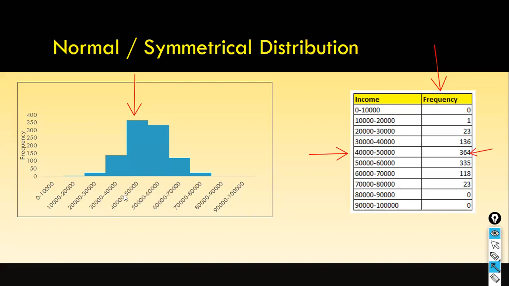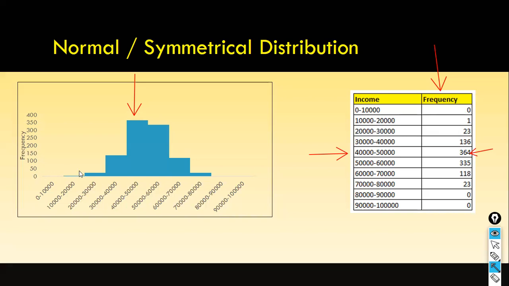No individual is falling in that bracket. And then the least common income range is 80,000 to 90,000, and we can see that 90,000 to 1 lakh is there. For 80,000, I think nothing is there. 70,000 to 80,000, okay. So low frequencies.